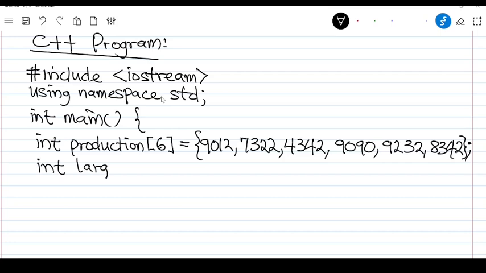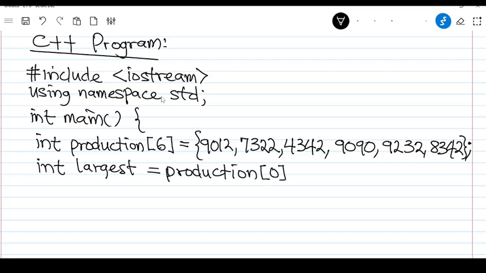It is first going to be initialized to the first member of the array. So it is going to be equal to production, and the first member of the array is accessed by the index 0. Okay, so that's for the largest.